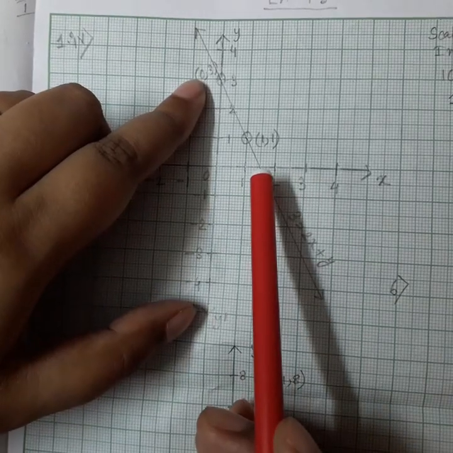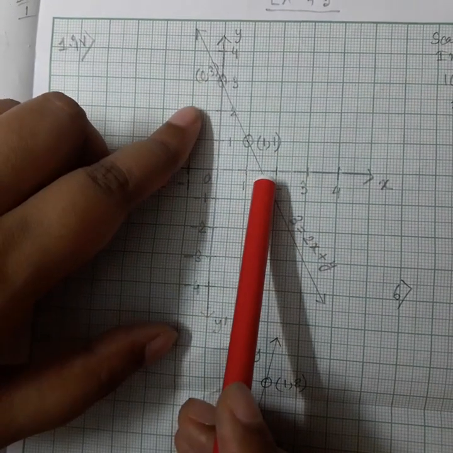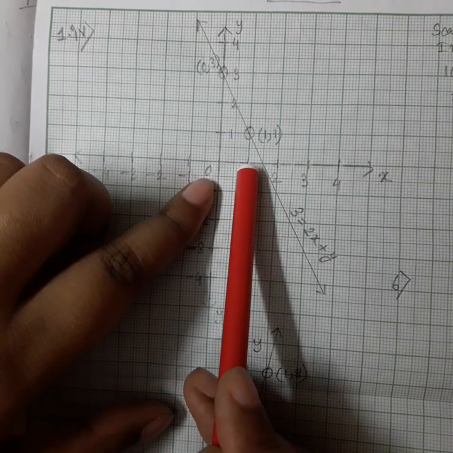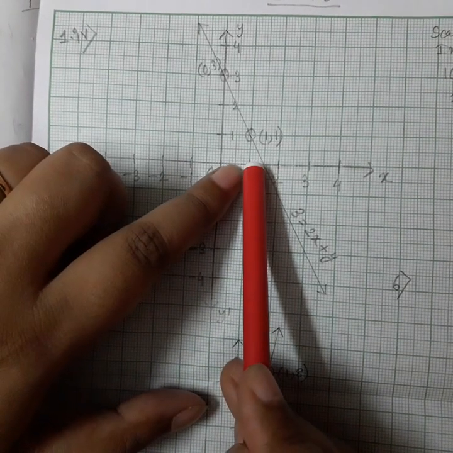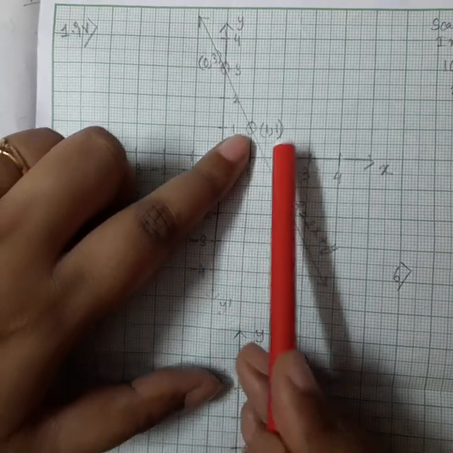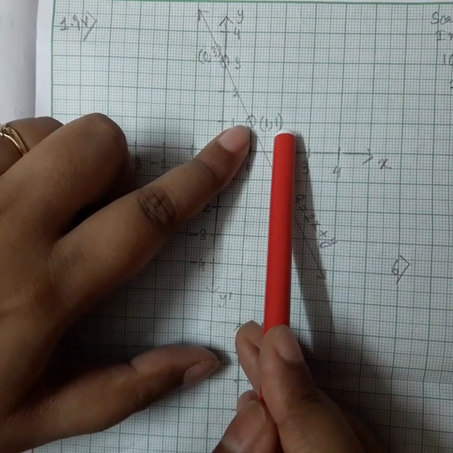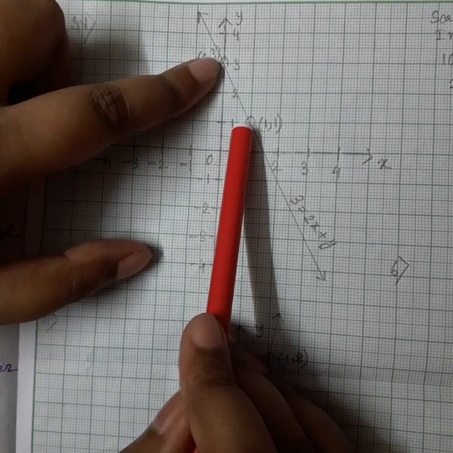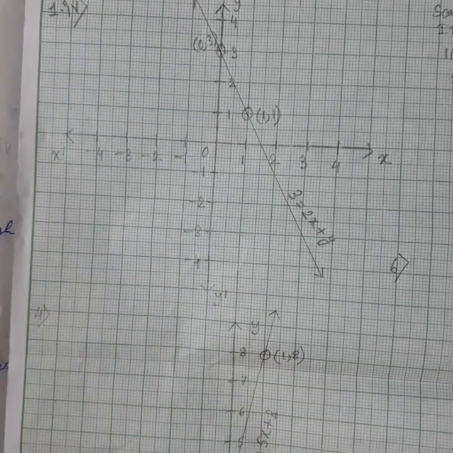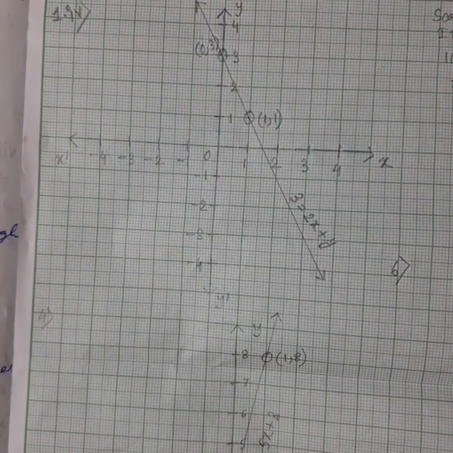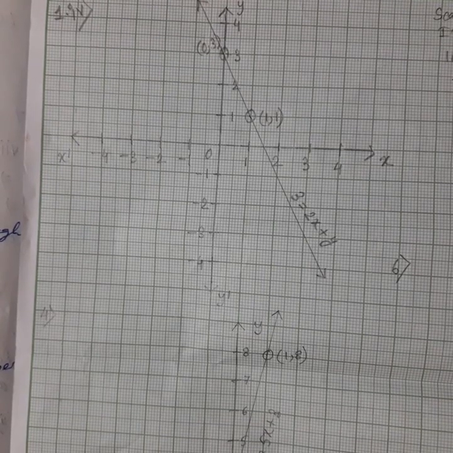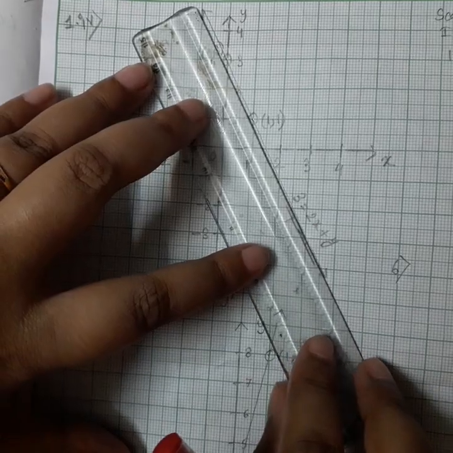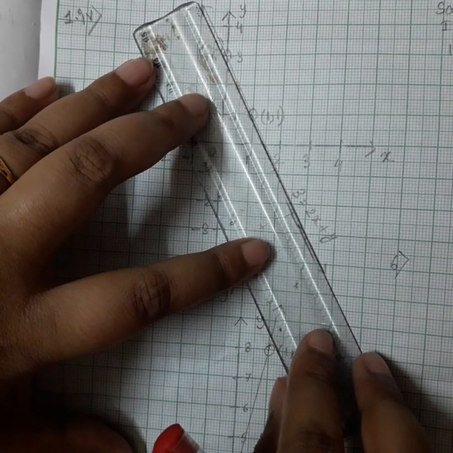You know that coordinate geometry you have done, so you know how you have to plot. And 1, 1. So you have to go 1, 1. So this is x-axis 1, and then corresponding to 1 we have to go on y-axis. This is coming 1, 1. Through these 2 points you have to draw one line. You have to put your scale there and then you have to draw the line.